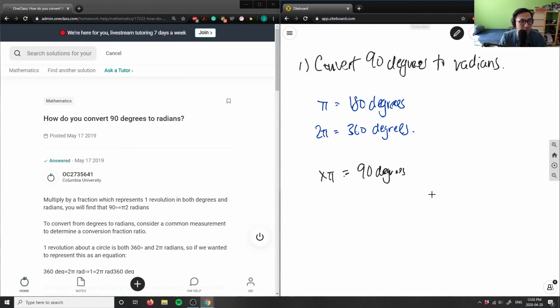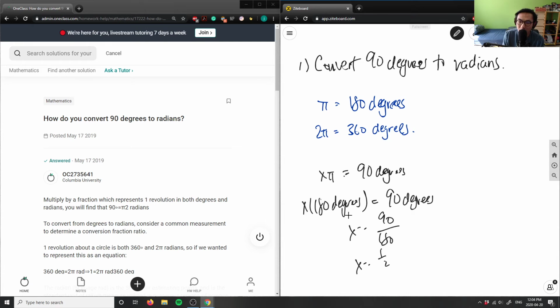If I want to solve for this, I know pi equals 180 degrees, so I can simply divide both sides by 180, which means x equals 90 over 180, which also equals half. So half pi would equal my radians here in this case.